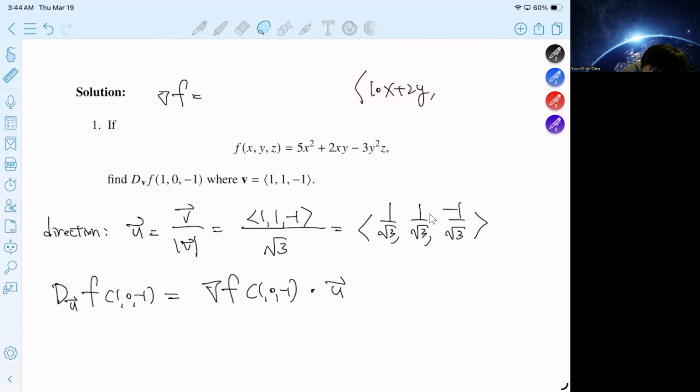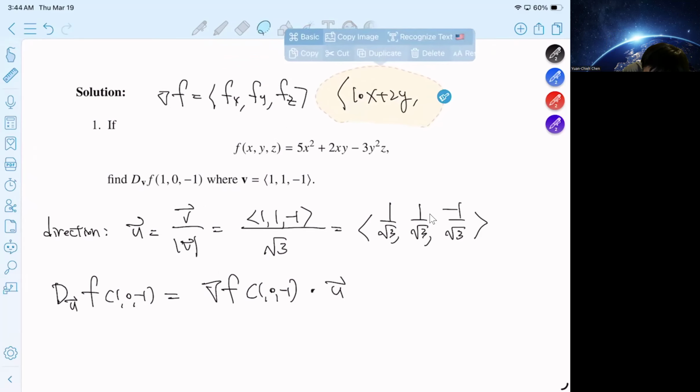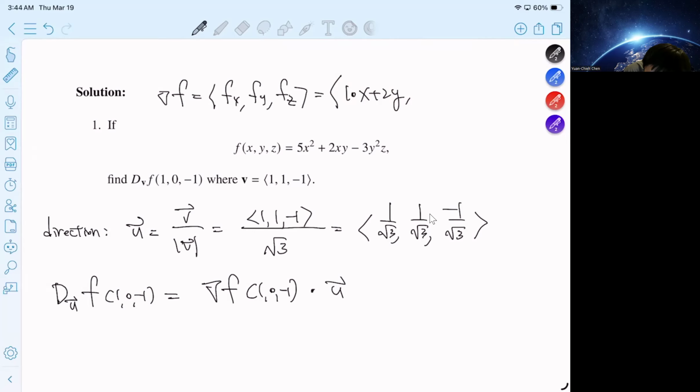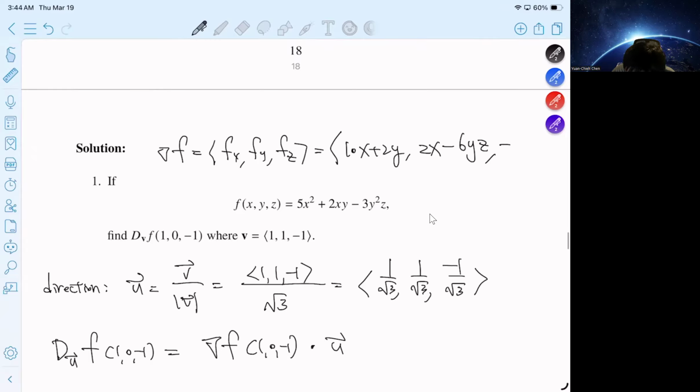What about fy? The first term is 0, the second term is 2x, and the third term is 6yz. And fz? The first and second terms are 0, so we only have -3y squared.